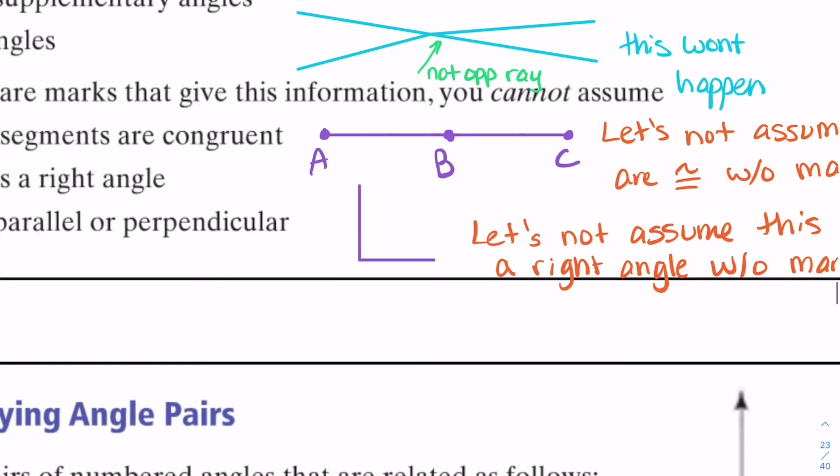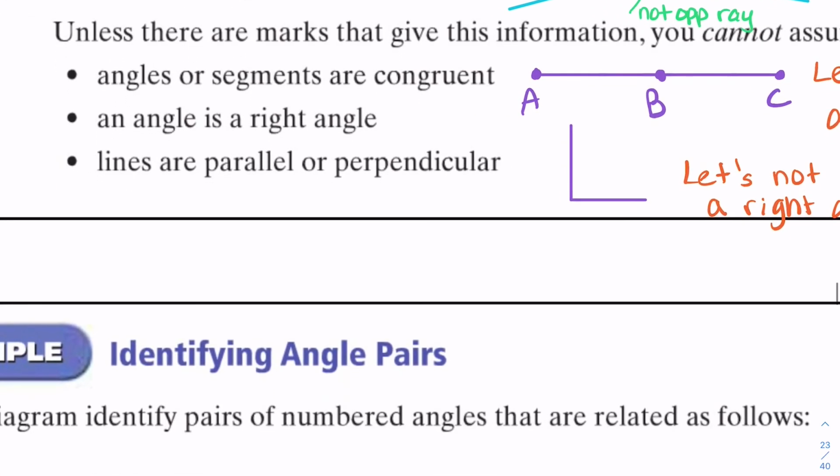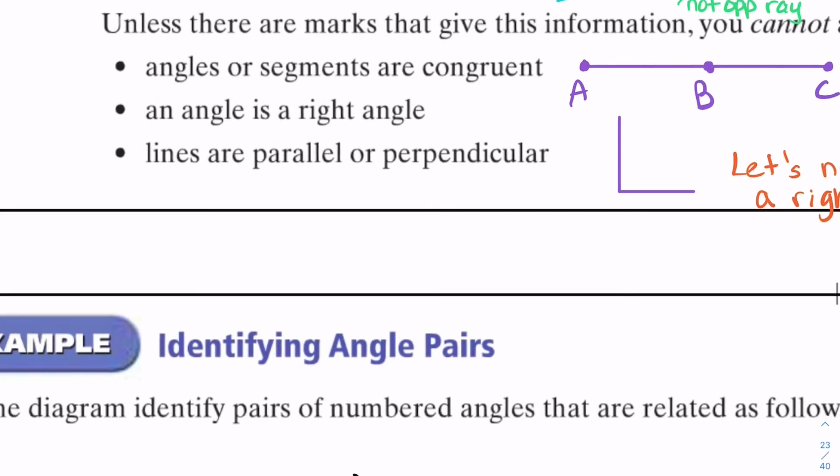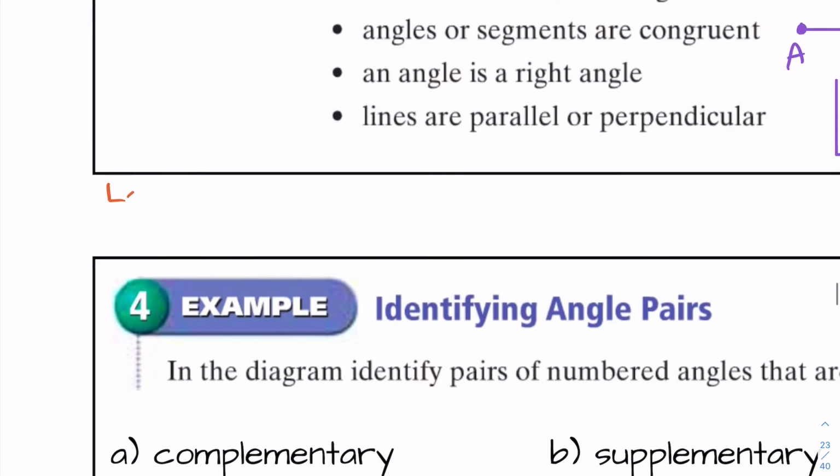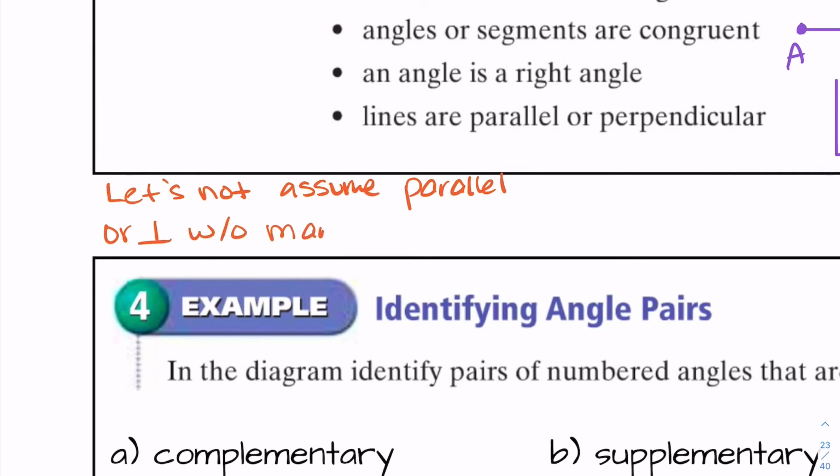Okay, and the last one, that lines are parallel or perpendicular. So let's not assume parallel or perpendicular without markings. I'll use my parallel symbol.